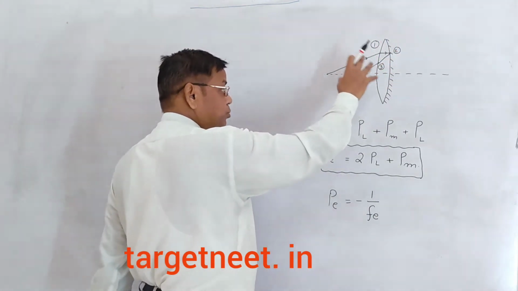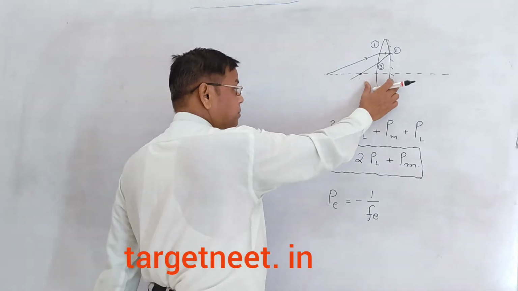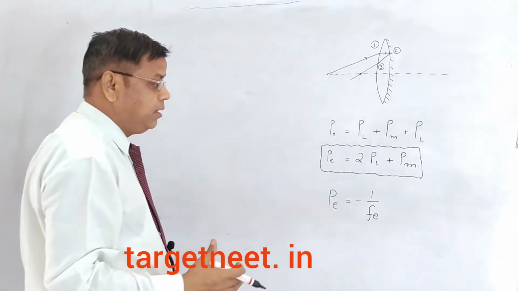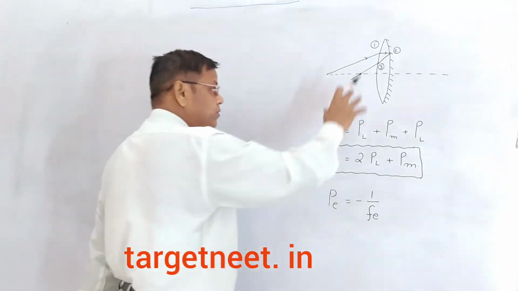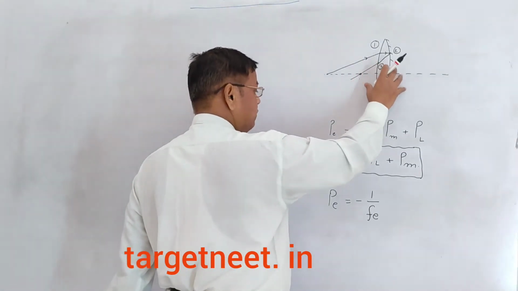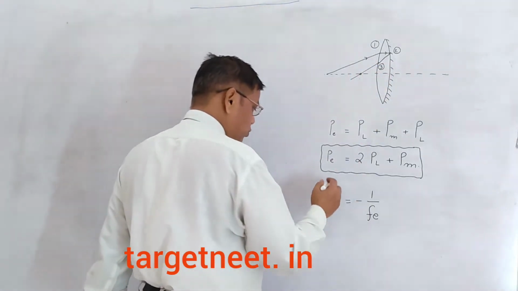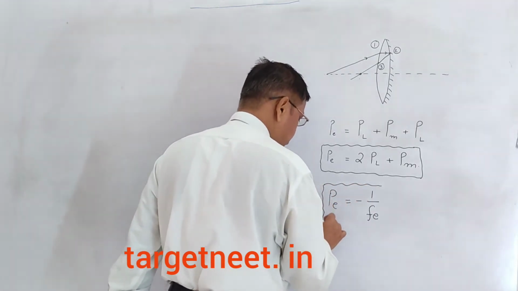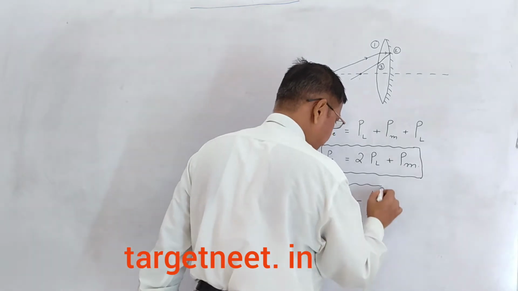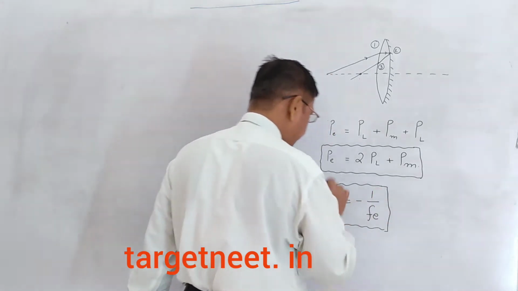If the focal length comes out negative, then this whole system behaves like a concave mirror, and if it comes out positive, then the system behaves like a convex mirror. That is also important to remember. These two important expressions you have to remember.